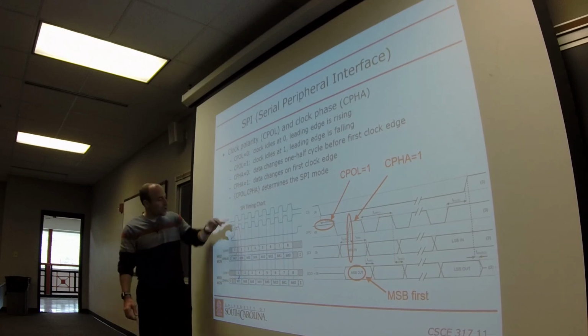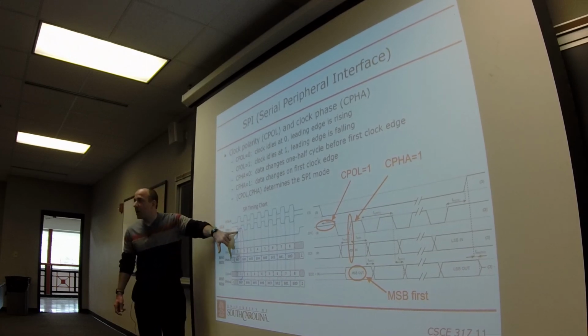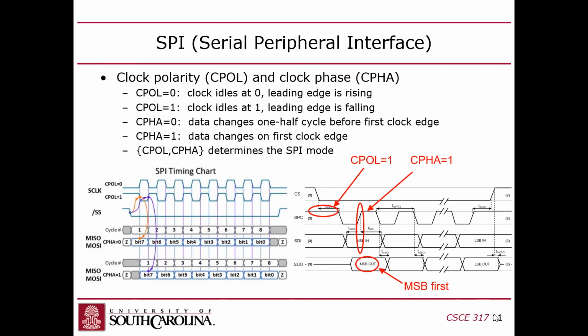So if CPOL is 1, the first edge is the clock dropping. The second edge is the clock going back up. So according to this purple arrow, when CFA is 1, you're reading the first bit, which in this case is bit 7, because I'm reading the most significant bit first. It's happening on the second edge. You guys with me?